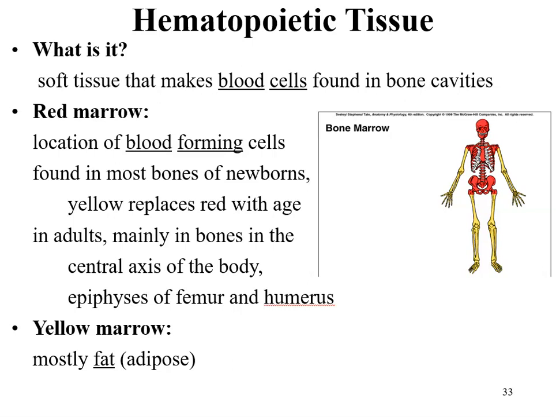But as we age, red is replaced by yellow marrow. By the time we're adults, it's only the axial skeleton, the center of the body, and the proximal ends of the epiphyses that contain red marrow.